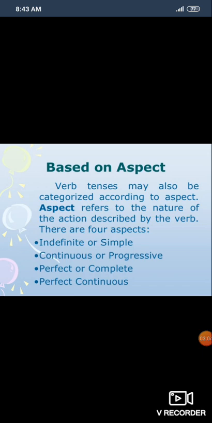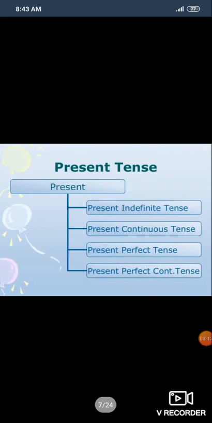So these are the four aspects in each type of tense described by the verb. Here for the present tense, the four types of aspects are: present indefinite tense, present continuous tense, present perfect tense and present perfect continuous tense.